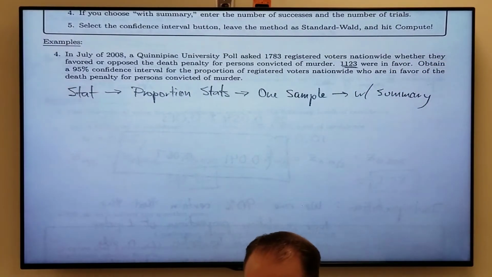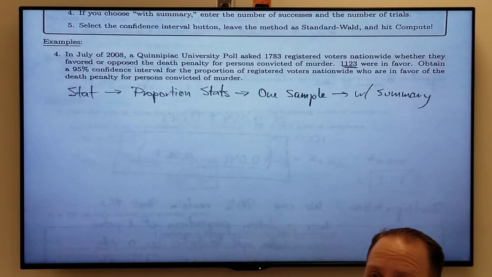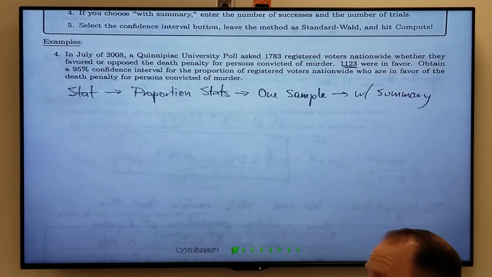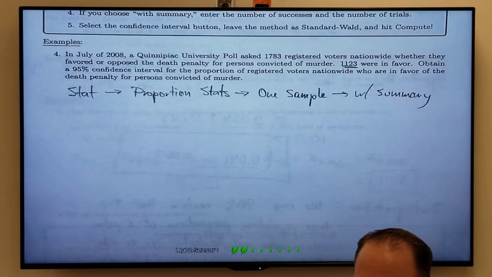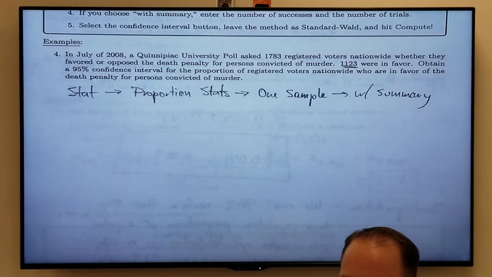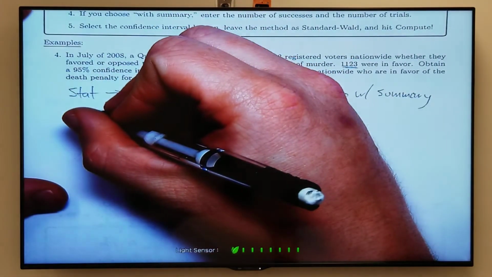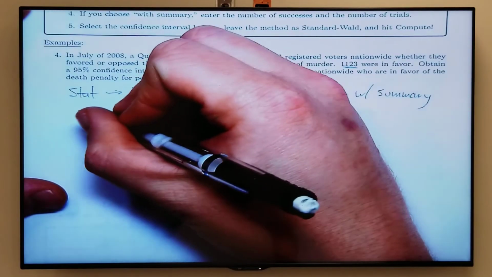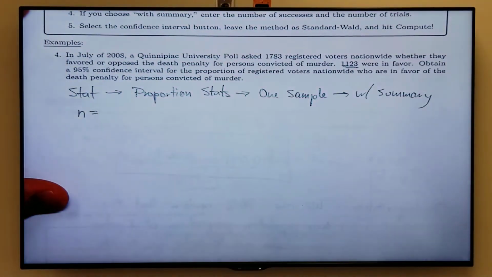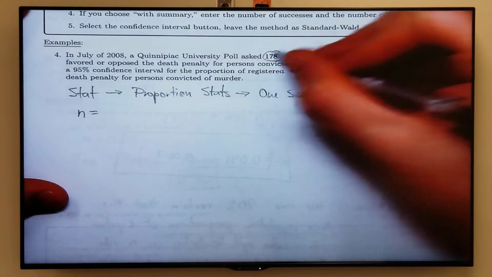Okay. Now I'll take you to StatCrunch in a second and show you how this looks once you get there. But I've done this so many times, I already know what they're going to ask us for. Once we go to Stat, Proportion Stats, one sample with summary, they're going to ask us for the number of trials, N, which in this case would be 1783.